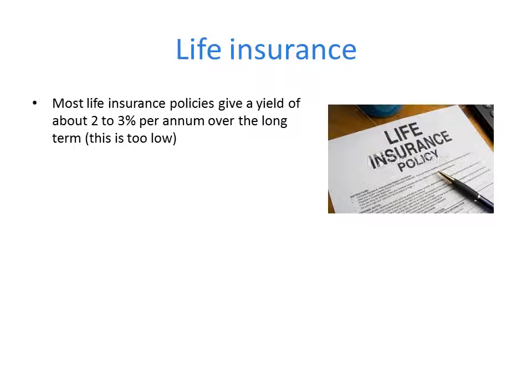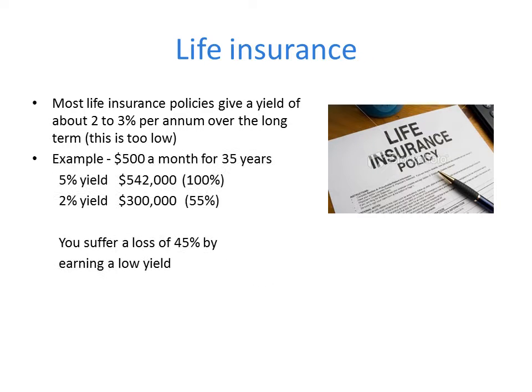Most life insurance policies give a yield of 2 to 3% per annum over a period of 25 years or longer. Now, this yield is too low. For example, take a look at a monthly savings of $500 over 35 years.